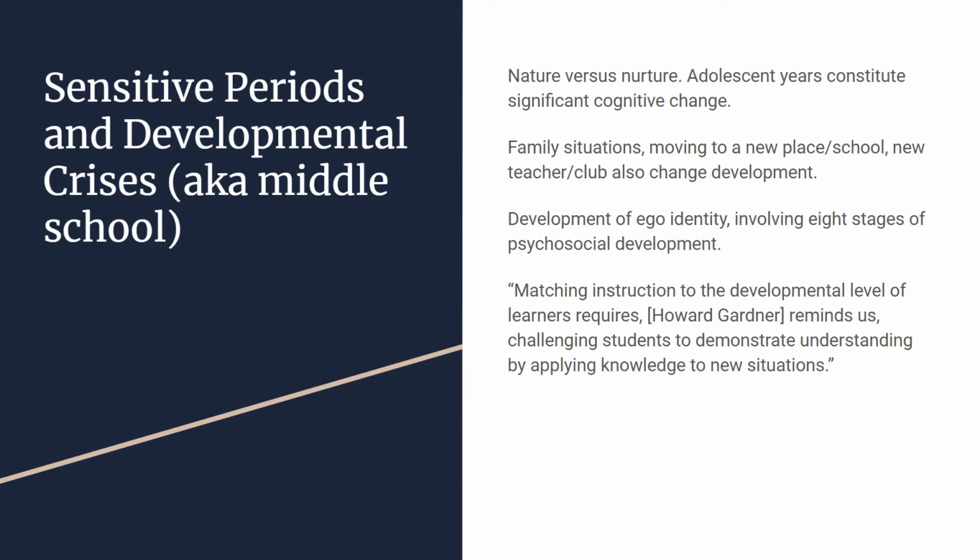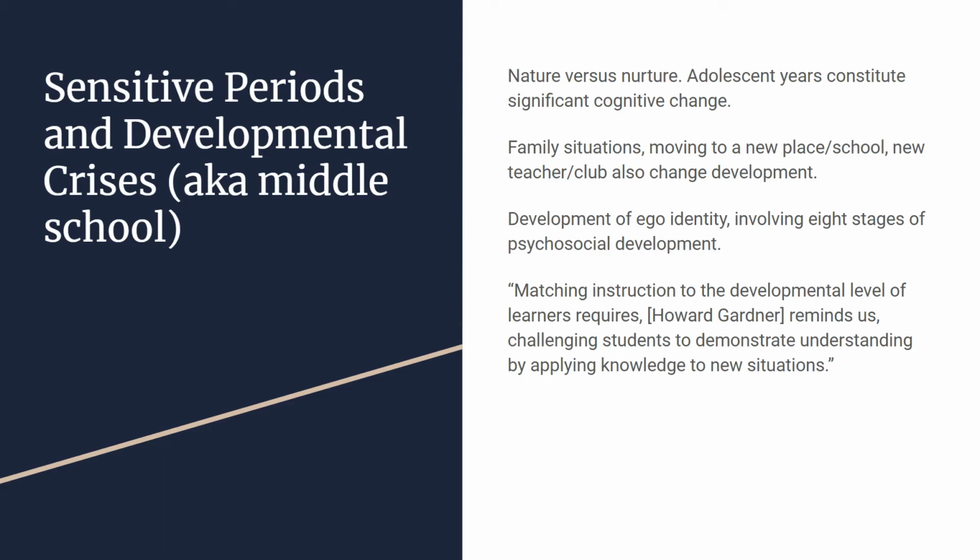The argument is that the adolescent years are more sensitive periods, and that's just the nature of it. You all go through it. There's a hormone change, and these constitute a significant cognitive change. Some developmental crises that really affect people are family situations, moving to a new place, a new school, a new teacher, a new club, and they can be positive and negative in terms of the sensitive period.